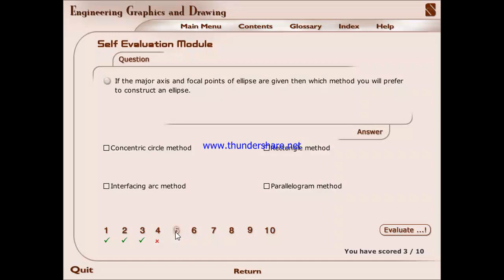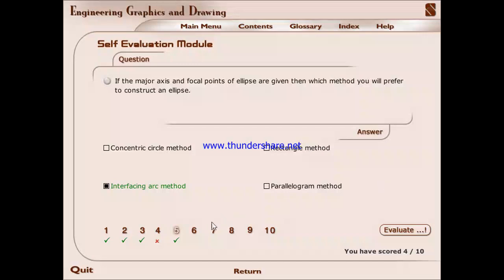So it is the interfacing arc method. That is correct.